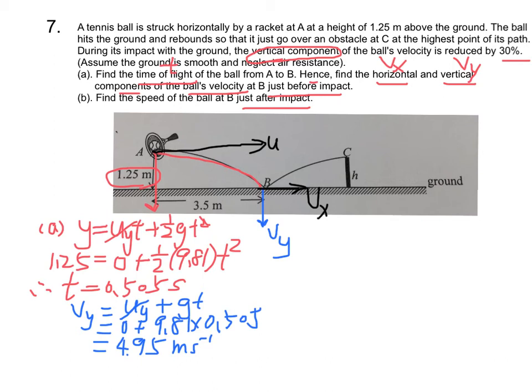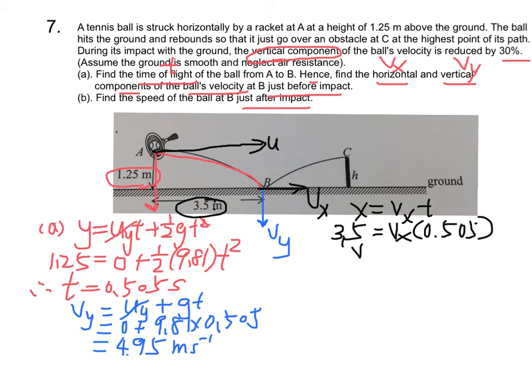We have x equals Vx times t, and x is equal to 3.5, therefore 3.5 meters equals Vx times 0.505 seconds. Therefore, Vx, the horizontal speed just before impact, is 6.93 meter per second.